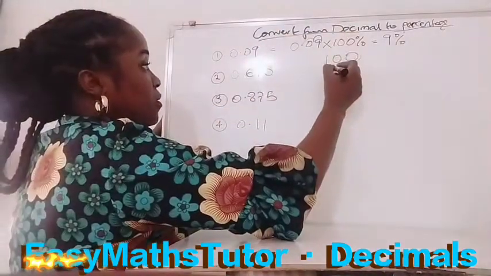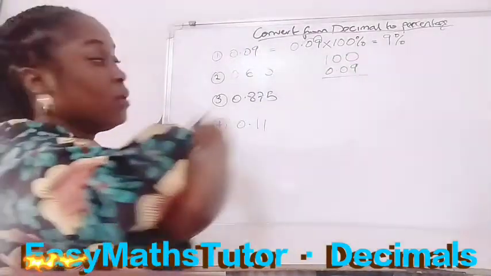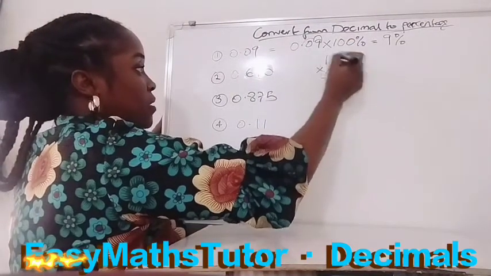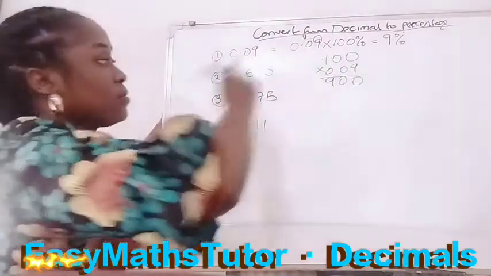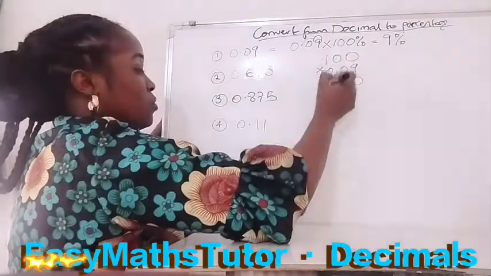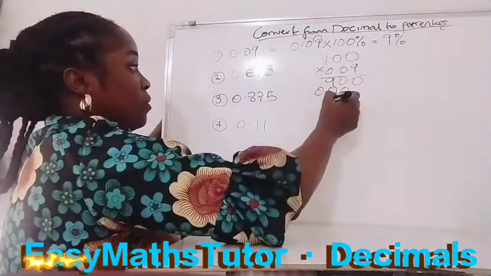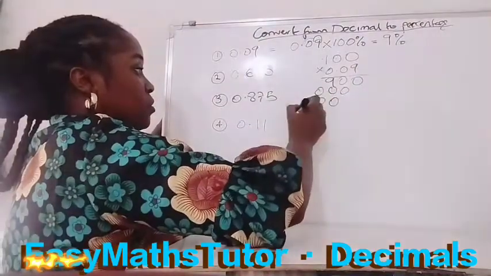100 times 0.09. Okay? So we say 9 times 0, 0. 9 times 0, 0. 9 times 1, 9. 0 times 0, 0. 0 times 0, 0. 0 times 1, 0. Okay? Then we have 0 times 0, 0. 0 times 0, 0. 0 times 1, 0.